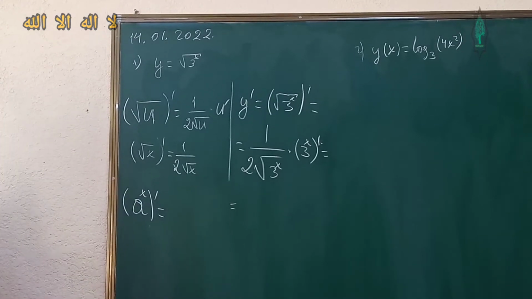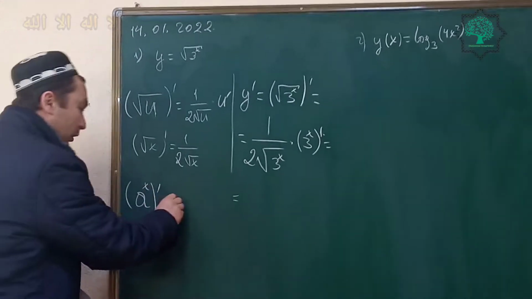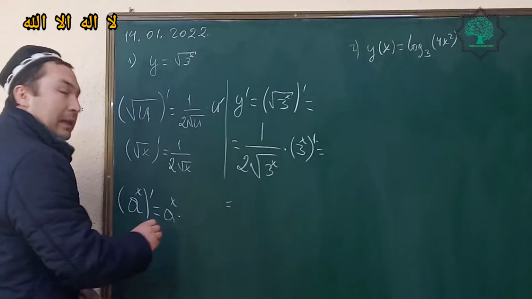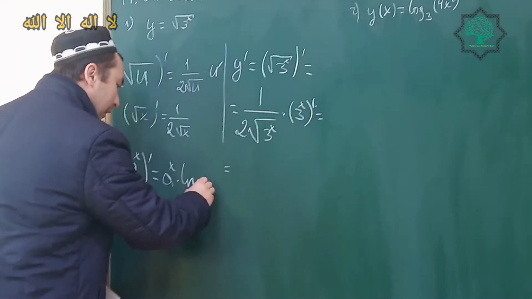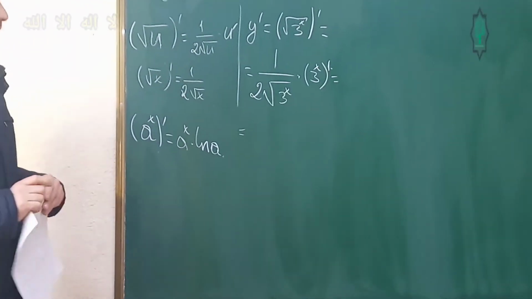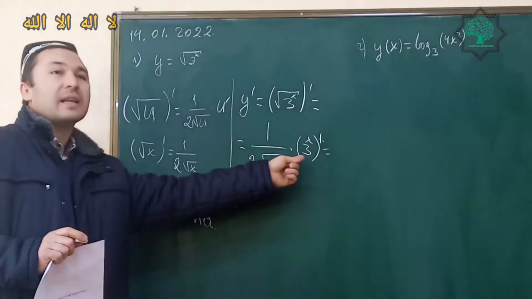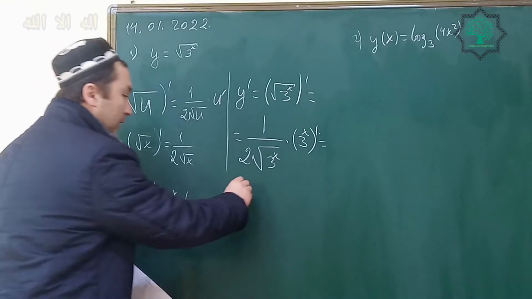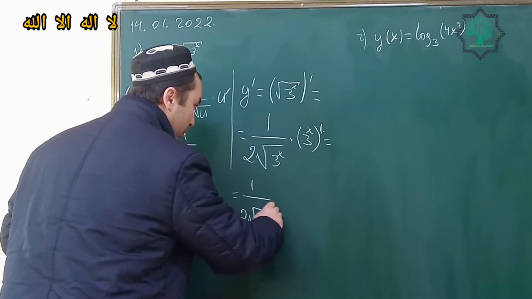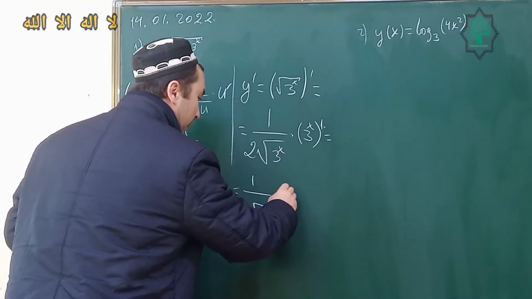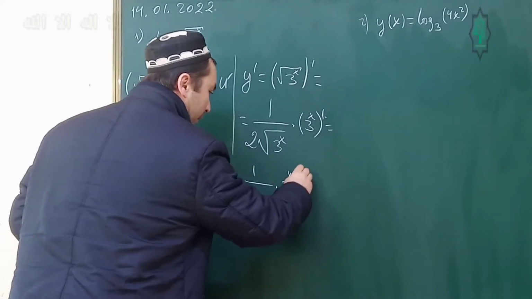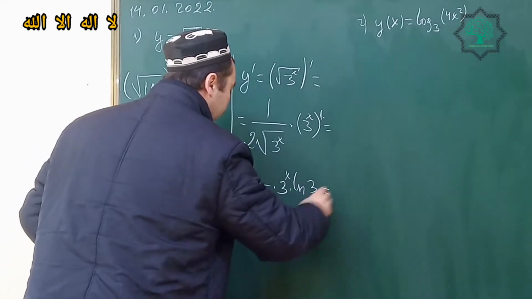Yes, please say. a to the x times ln a. Multiply, and then it's great. Now instead of a we use what? 3. Okay, we put 3.